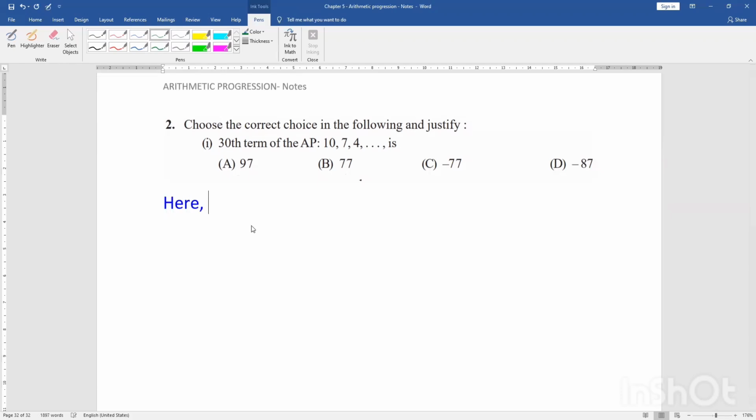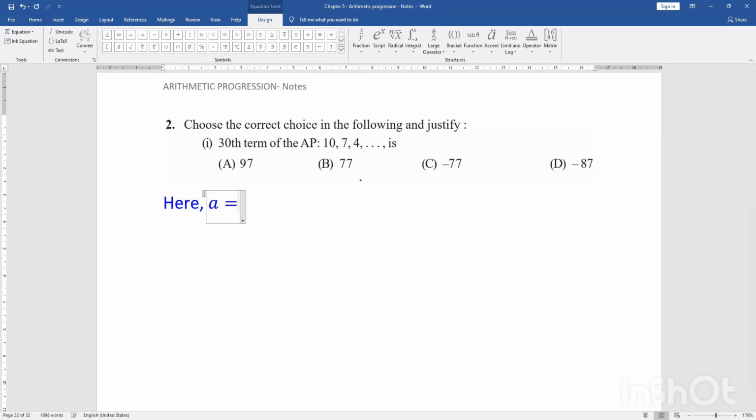Here we have the first term, a is 10, correct, children? Then D is the common difference. The common difference is 7 minus 10, second term minus first term, which gives you minus 3. Then we have the number of terms. At n you should take it as 30, because you need to find the 30th term.